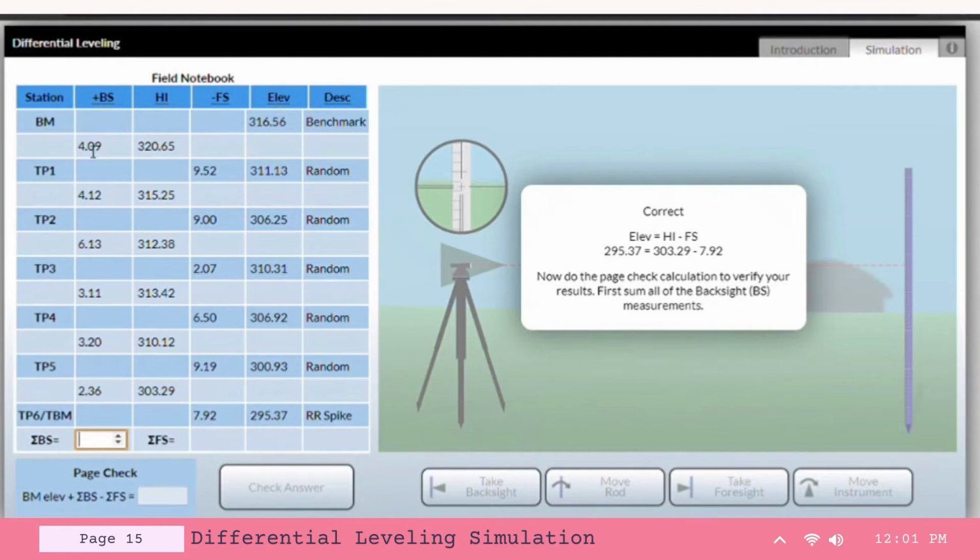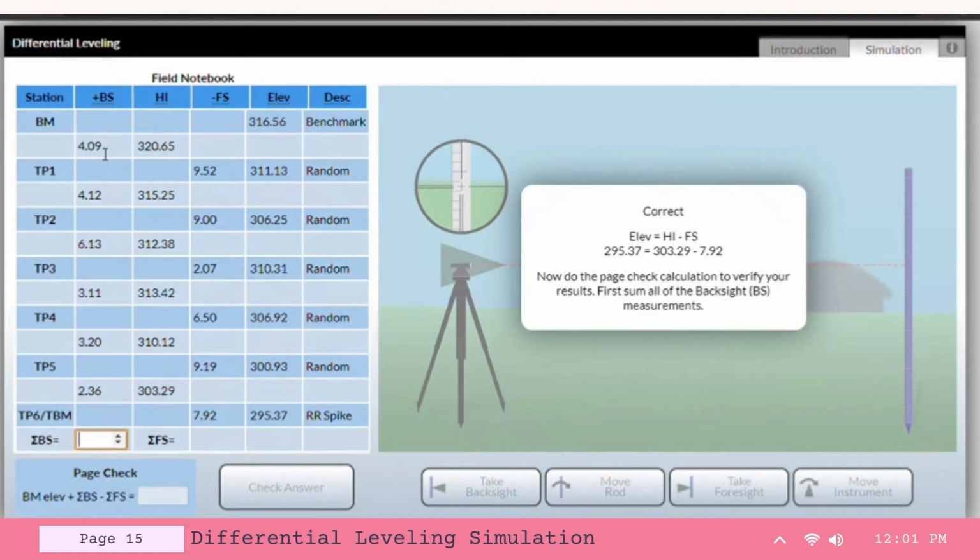So first, the summation of the backsight readings. 2.12 plus 6.13 plus 3.11 plus 3.20 plus 2.36. I hope I was right.